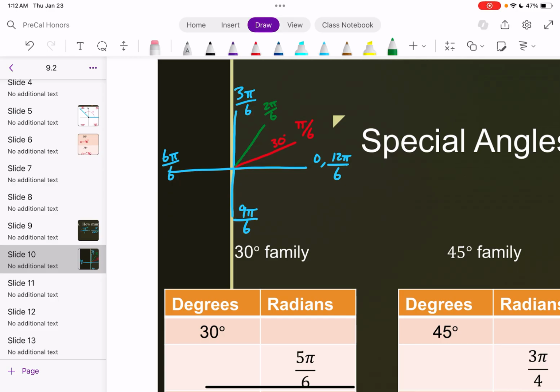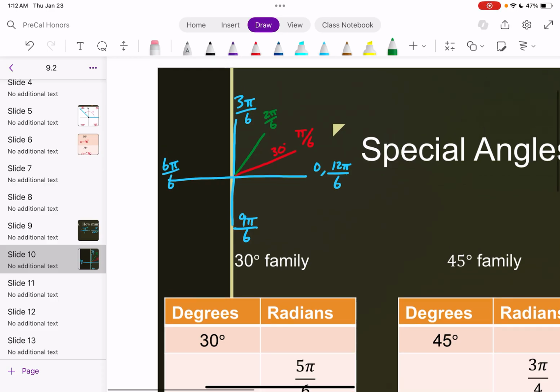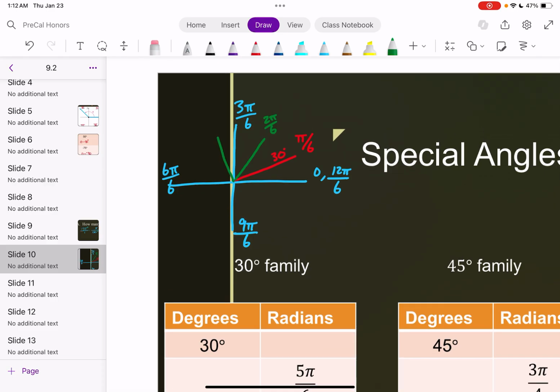Notice 3 pi over 6 would be 90. 120 would be a multiple of 60. But if we continue going, this would give us 4 pi over 6. We would also have 5 pi over 6 as we come around.